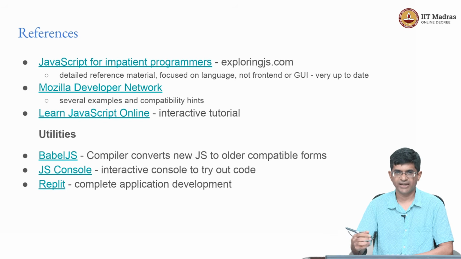Basically, what it does is it takes JavaScript as input and produces JavaScript as output. The idea behind doing this is that the output JavaScript is guaranteed to be something that will run on even an older version of a browser. It does not require that your browser supports the latest ES 2021 features and so on. Okay, it can be useful. From the point of view of learning, maybe not so much. From the point of view of implementation, very likely yes.